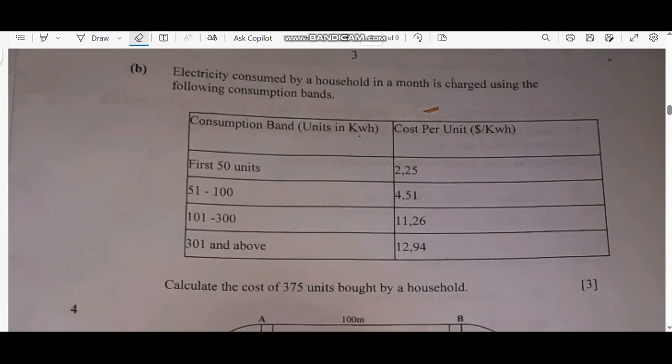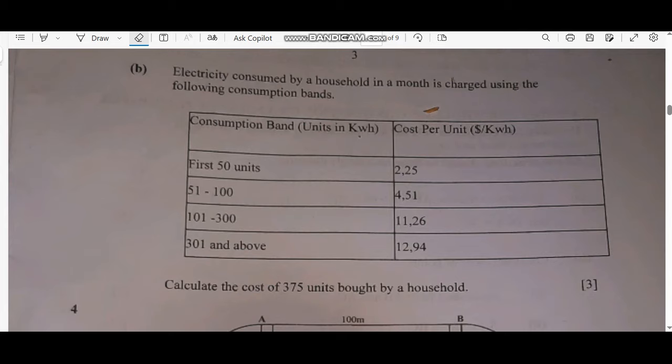Then from 51 to 200 it is $4.51. Then 201 to 300 is $11.26. Then 301 and above is $12.94. Calculate the total cost of 375 units bought by a household.